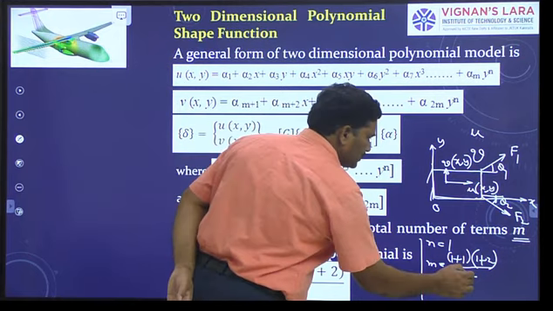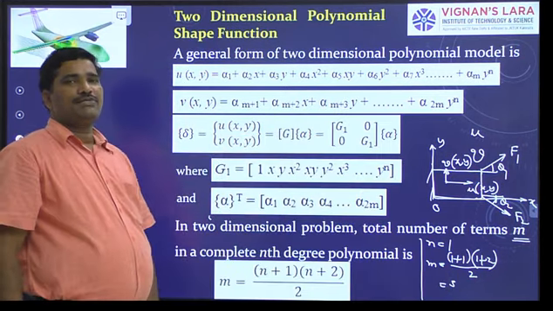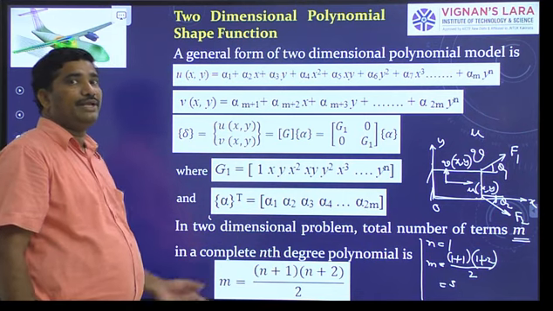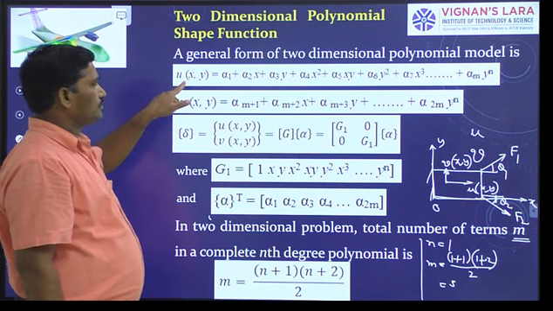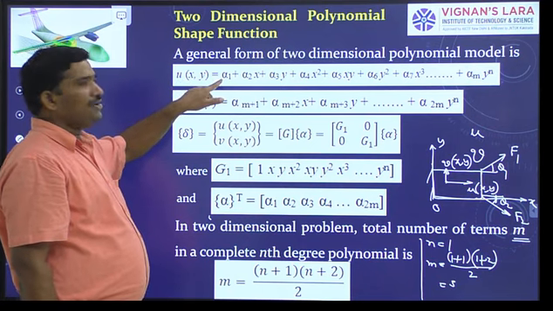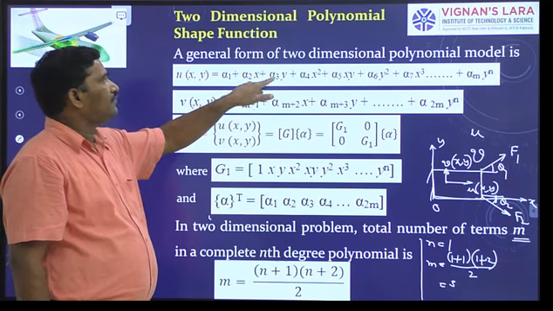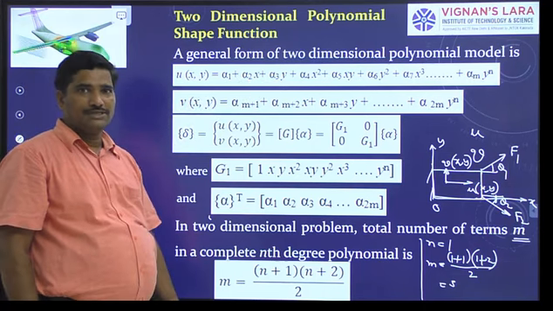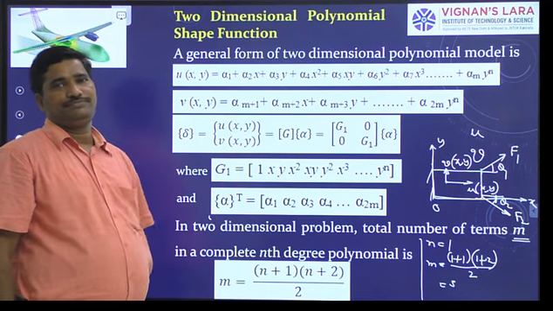Now 2 by 2 get cancelled, you get 3 terms. m equals 3 when n equals 1. Then how do you get u? u equals alpha 1 plus alpha 2 x plus alpha 3 y, because the order of the polynomial is 1.